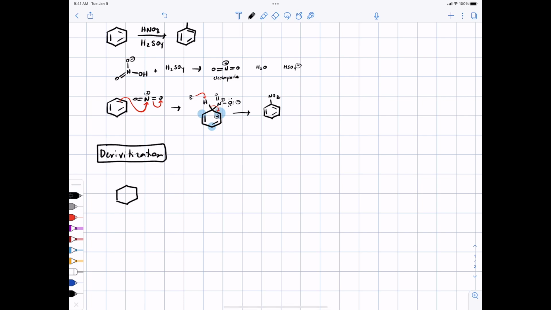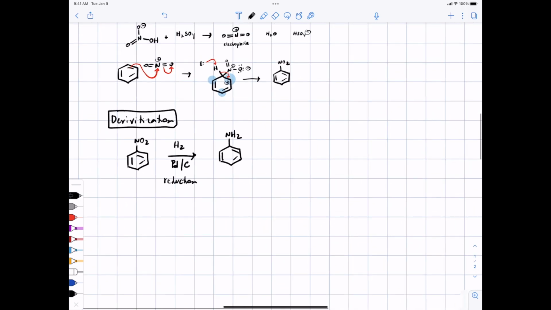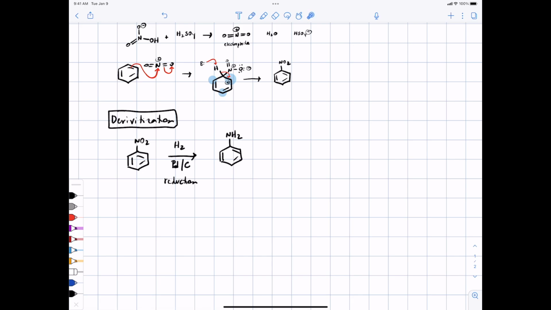You can take nitrobenzene and subject it to palladium catalyzed hydrogenation conditions or reduction conditions. You've seen this reagent used before to reduce a pi bond in an alkene down to the alkane. With nitro groups, it's possible to use these same conditions to reduce them to the corresponding amino group. And this will be really useful a little bit later.